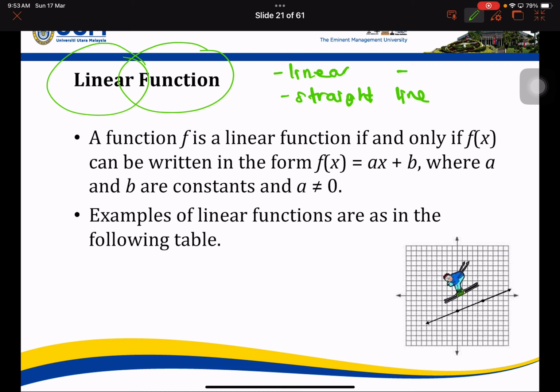Come on, there is no right or wrong, I just need to know your background first. What do you have in mind when I say linear functions? What? Consistent. Yeah, what is consistent there? Yes, gradient consistent.